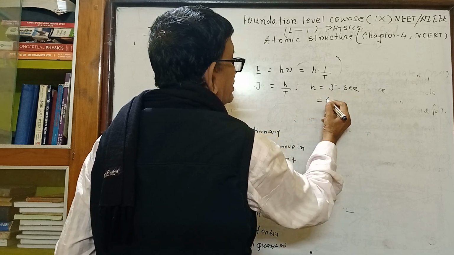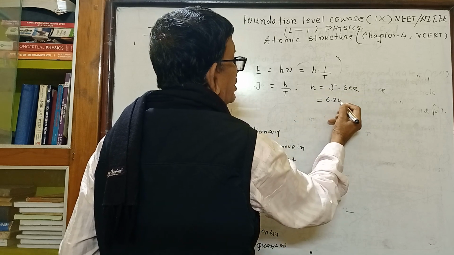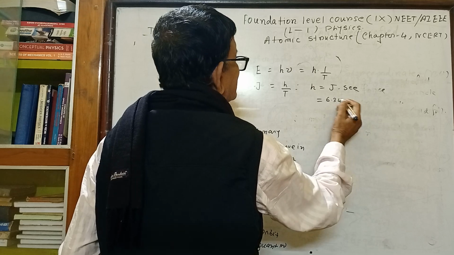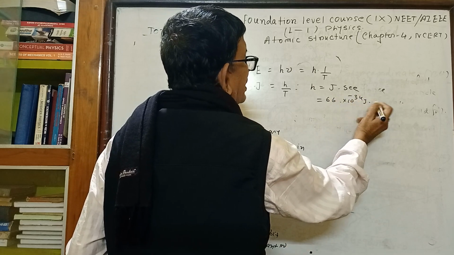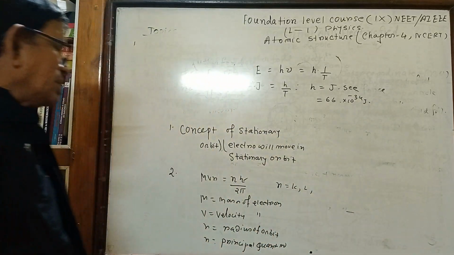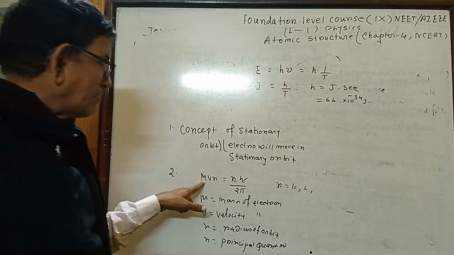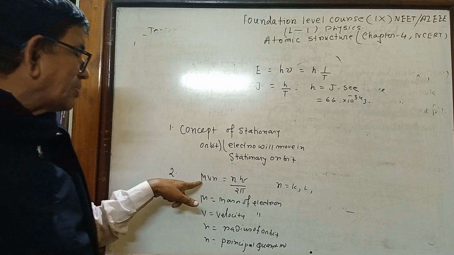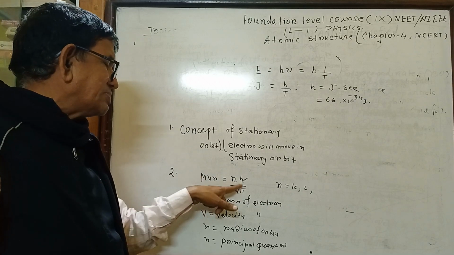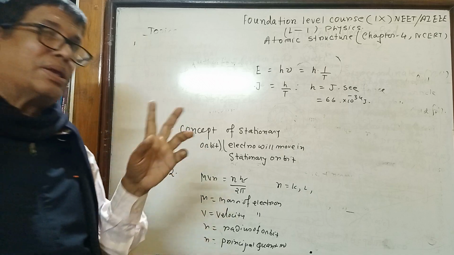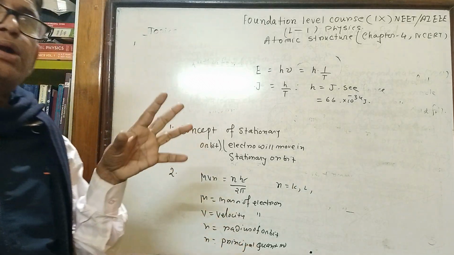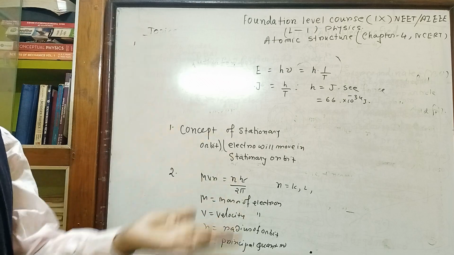So the value is 6.63, 10 to the power minus 34 joule second. Always remember, the angular momentum of an electron in orbit, mvr, equals nh by 2 pi.